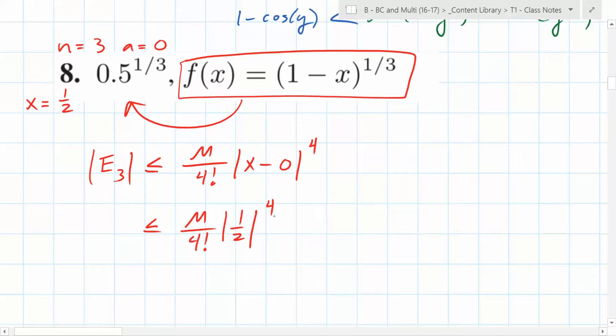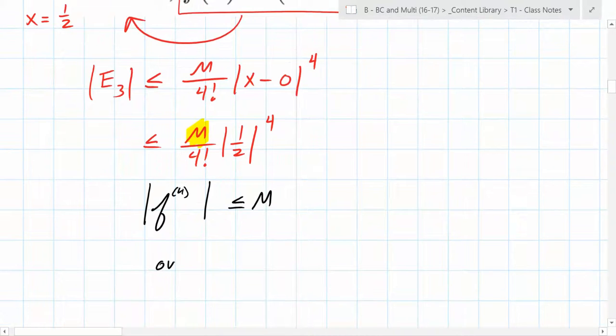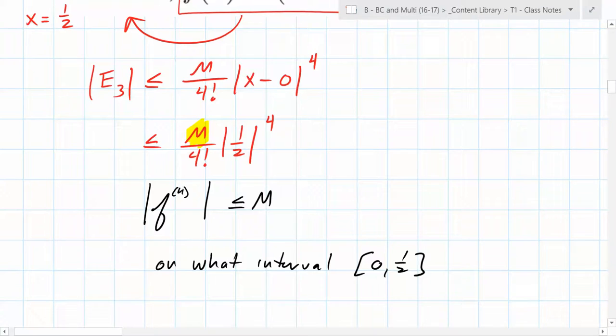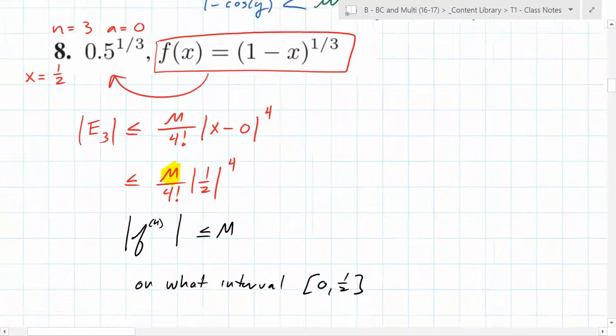Remember that the entire core of Lagrange error bounds is a search for M. So we're searching for M, and we know that M has to be greater than or equal to, what derivative are we going to now? The 4th, right? On what interval? I would go from 0 to a half. It has to include the value. So go to 0 to a half.